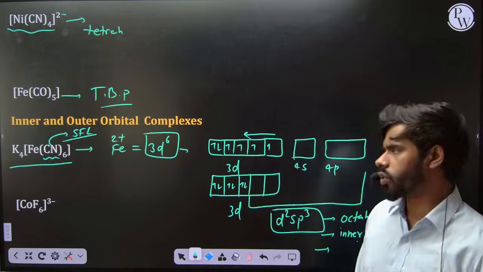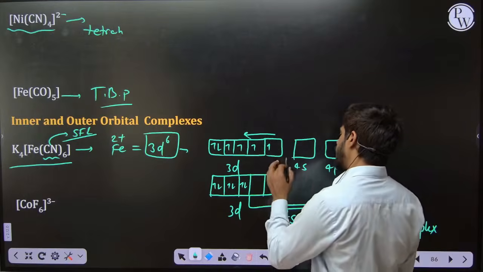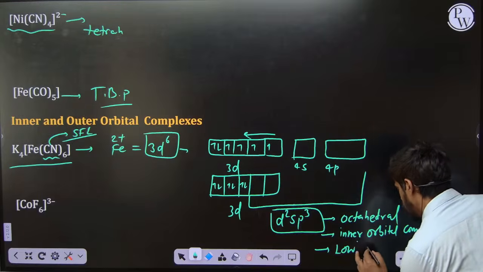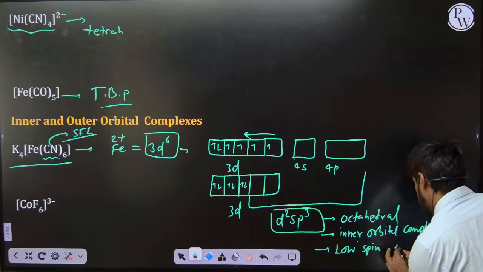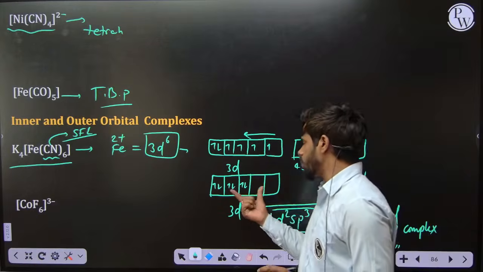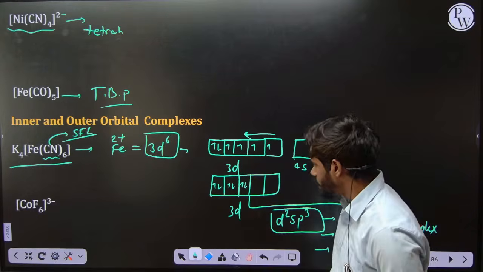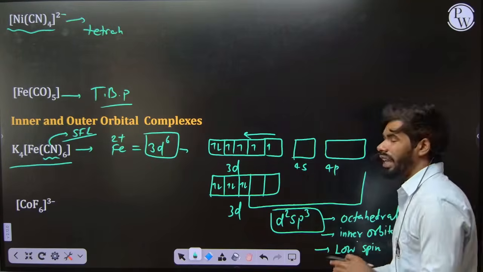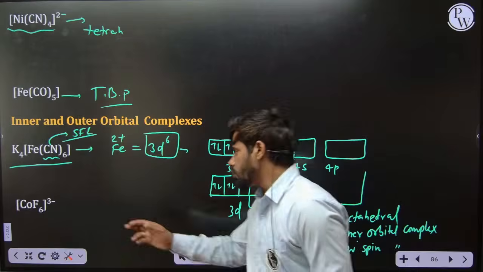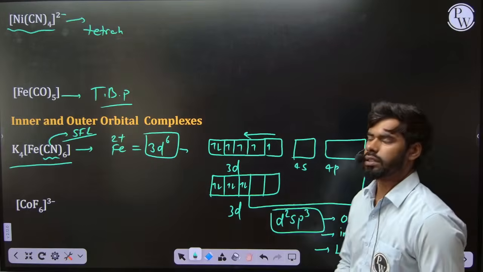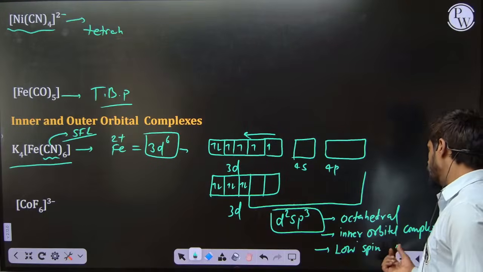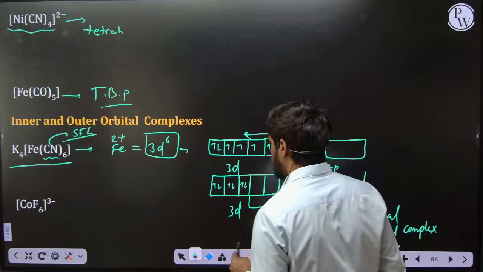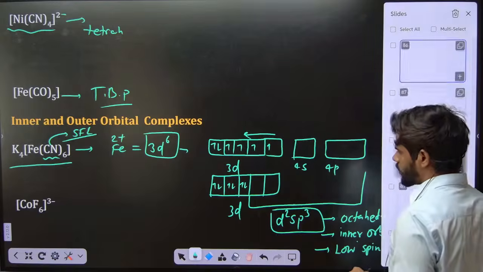If electrons are getting paired, then it is a low spin complex, as the total spin is very low after the pairing. If pairing is not done, as in the case of a weak field ligand, then it is known as a high spin complex.